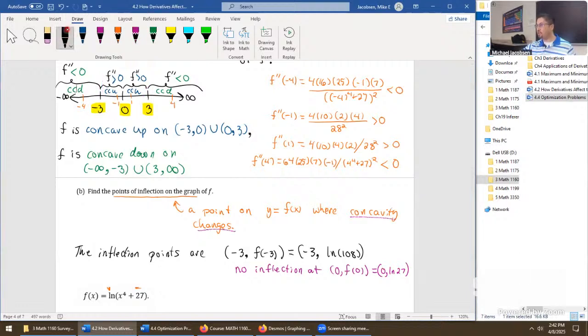Then when we go to the next one, nothing too unusual here. We went from concave up to concave down. That is a change in concavity. So new inflection point, right at 3. So it's going to be 3, f at 3 equals, we're plugging 3 back into this function, but we get the same exact value, natural log 108.